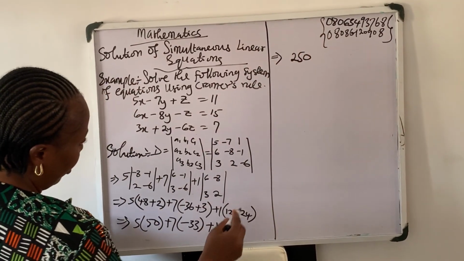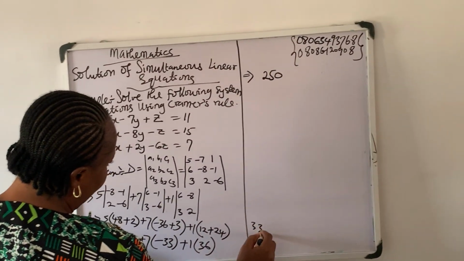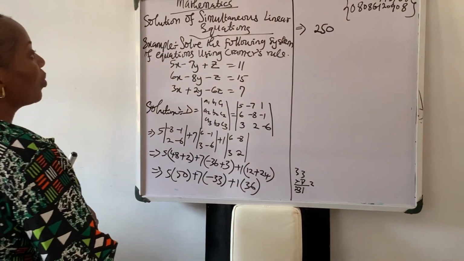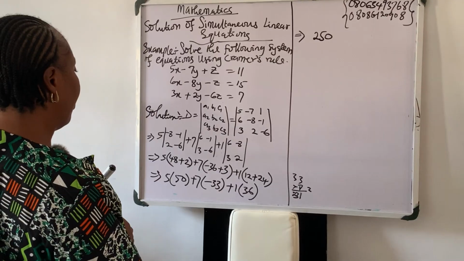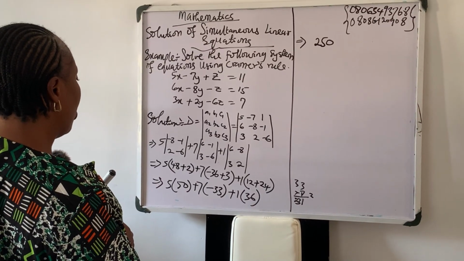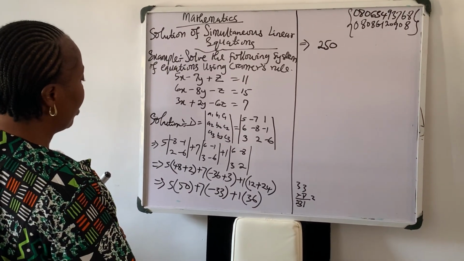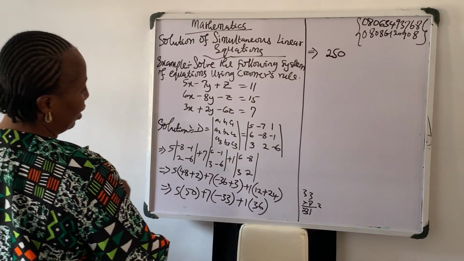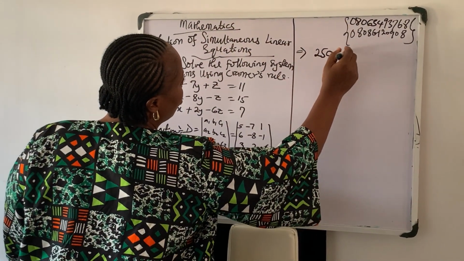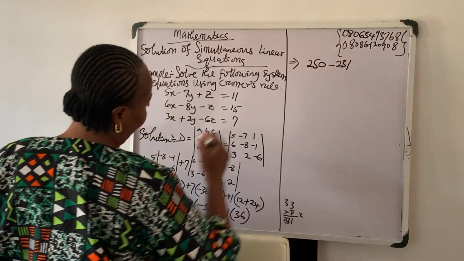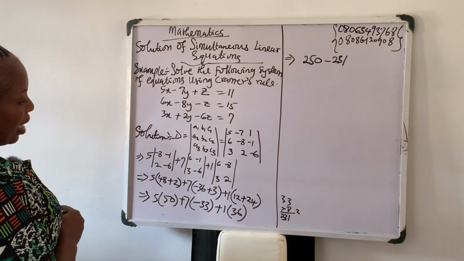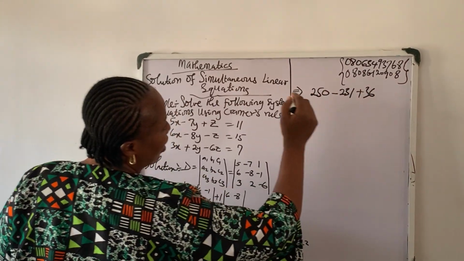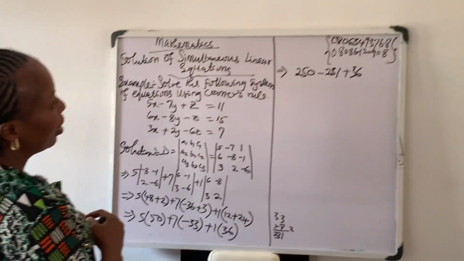Then 7 times minus 33 will give us minus 231. 1 times 36 will give us 36, because 1 times any number is that number.